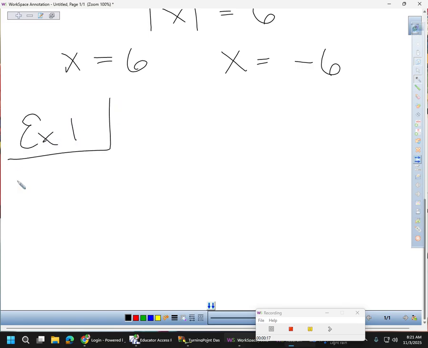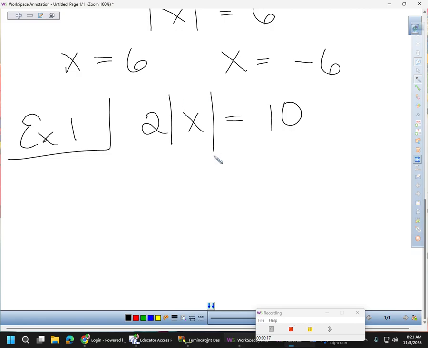In the first view, it just asks you to solve for the absolute value. If I have 2 times the absolute value of x equals 10, the very first thing we have to do is isolate the absolute value.